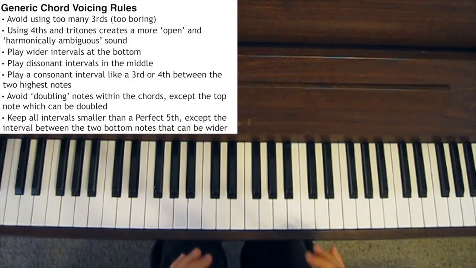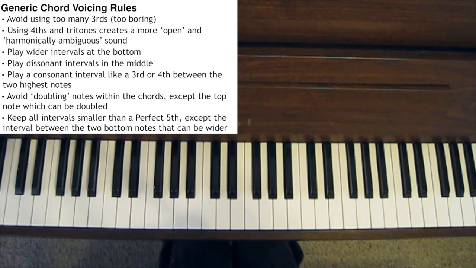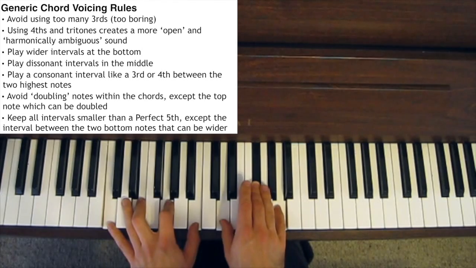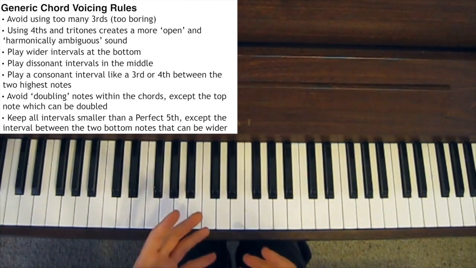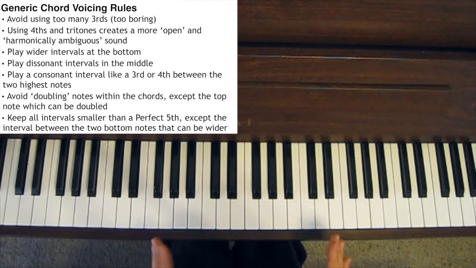Now, some general voicing rules are that you want to generally avoid using too many thirds because it sounds too boring. And that's precisely because of the reason that I showed you earlier. When you play a chord just stacked up in thirds, there are no dissonant intervals between any of those notes, and so it just sounds a little bit too pleasant and a little bit too safe and a little bit too boring.